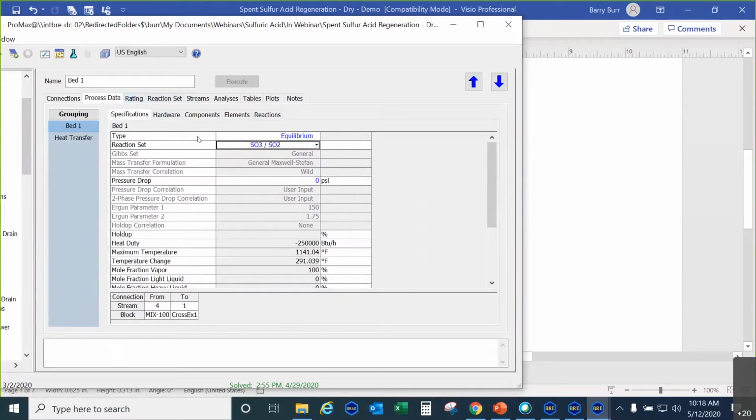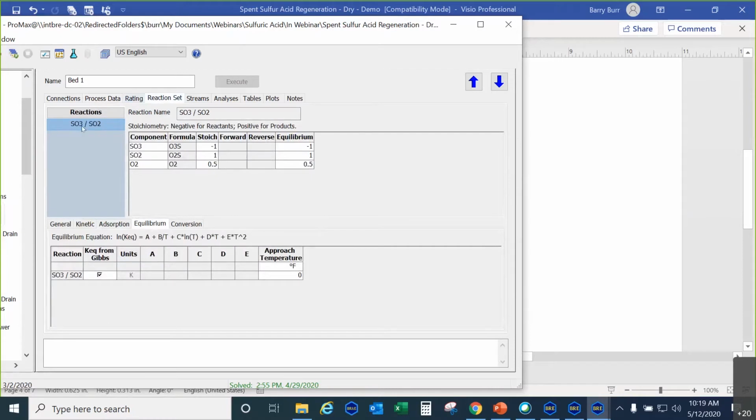So here we have a reaction we've defined where SO2 plus oxygen goes to SO3. Here you can see the SO3 to SO2 reaction. You can see the species, the stoichiometry set.